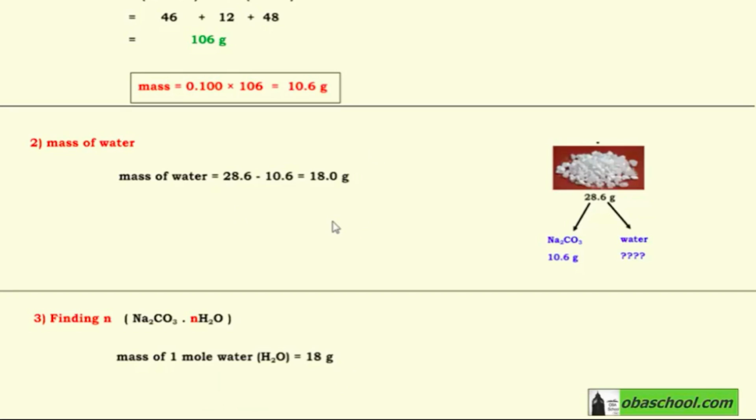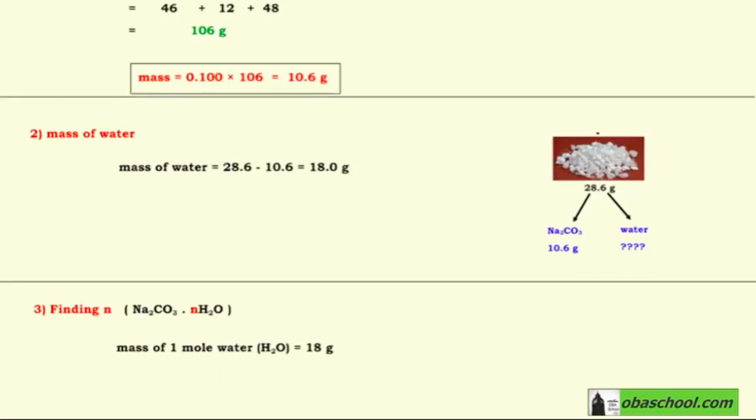We previously calculated the mass of moles, but here I have the mass of 1 mole. I know it's 18, so the 18 grams are found in 1 mole of water. So we have 1 mole of water since the mass is 18 grams.